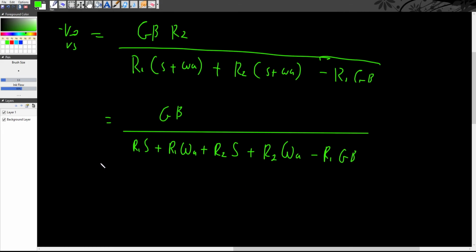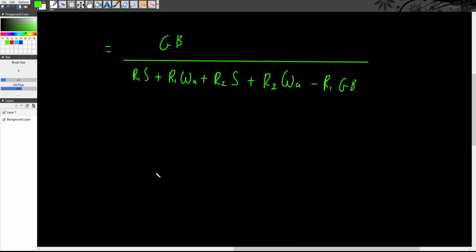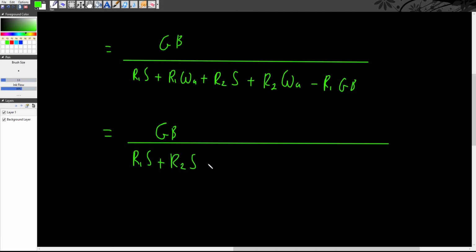So let's collect the like terms on the bottom part. So this is going to be GB divided by R1S plus R2S plus R1 omega A plus R2 omega A minus R1 GB.